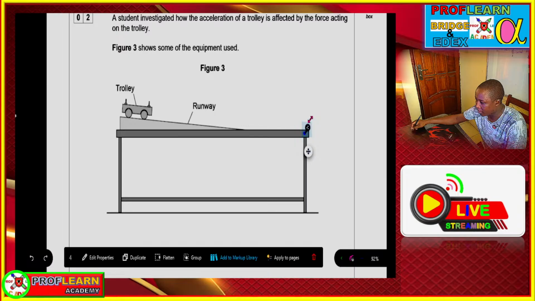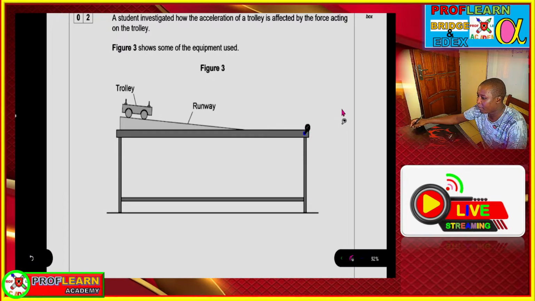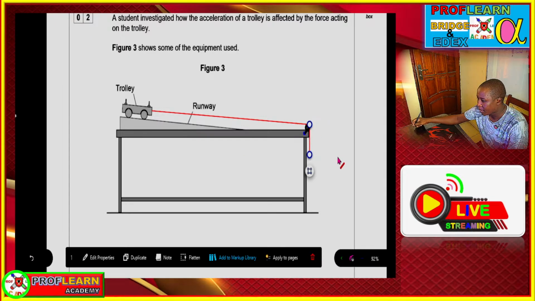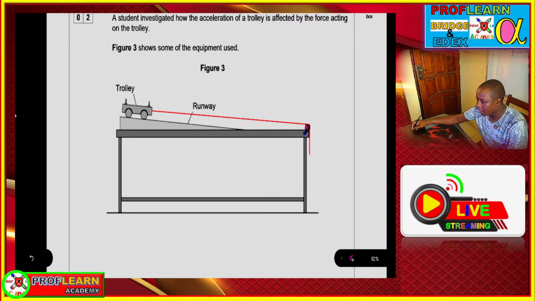So I'm going to reduce this a little bit so that I have my pulley there, and then I'll pull this down. It will run through this given point, and once that has run down like that, then we shall have our pulley somewhere there, right? The string running down like that.